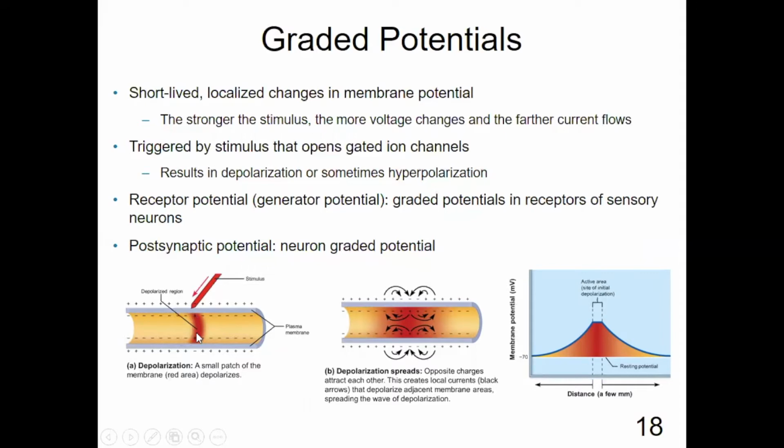So maybe it's -50 millivolts right in here. So graded potentials are potentials that spread locally. And we see that represented in this middle panel here. We can see this dark red center is where that initial depolarization occurred, again, from the figure on the left-hand side.